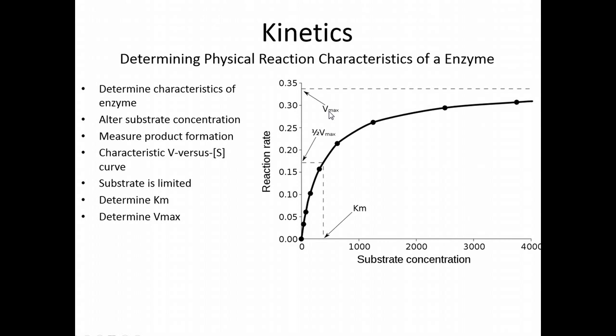At one half maximum velocity, what we like to determine is the concentration, Km. Km is the concentration at one half maximum velocity, so it would be something like 2.5 boxes. So Km is concentration. Okay? Vmax is velocity, and Km is concentration.